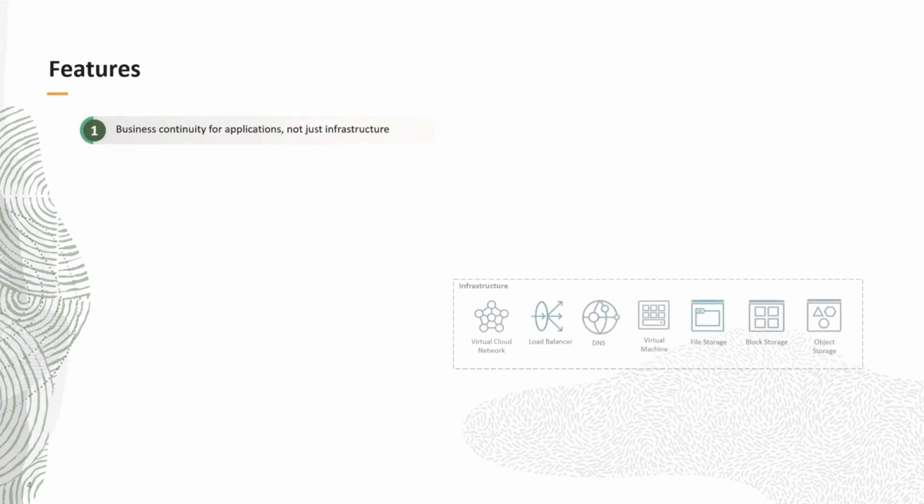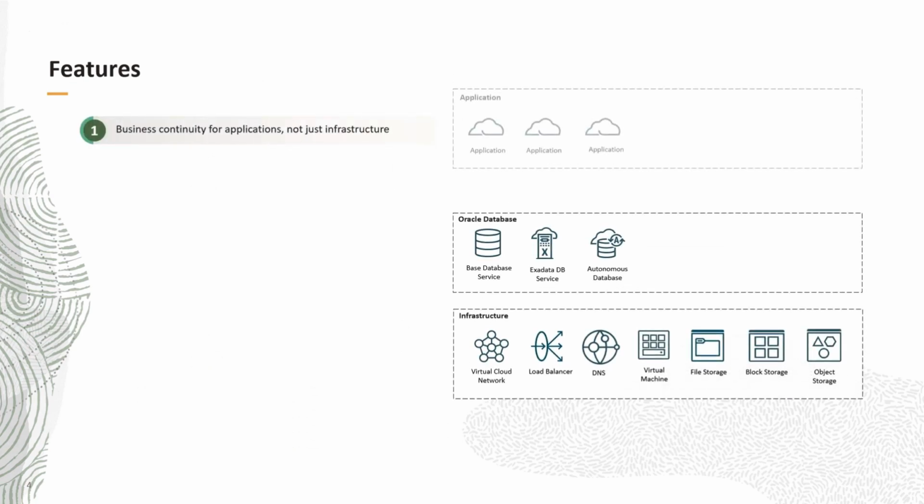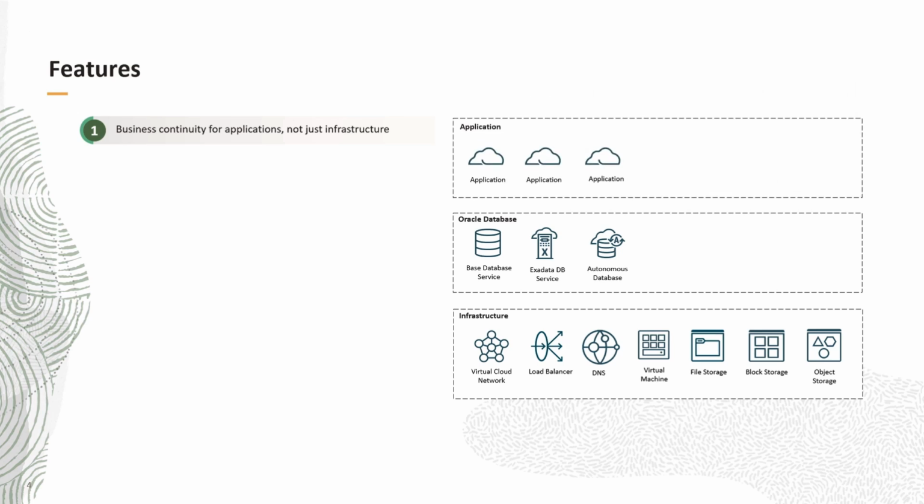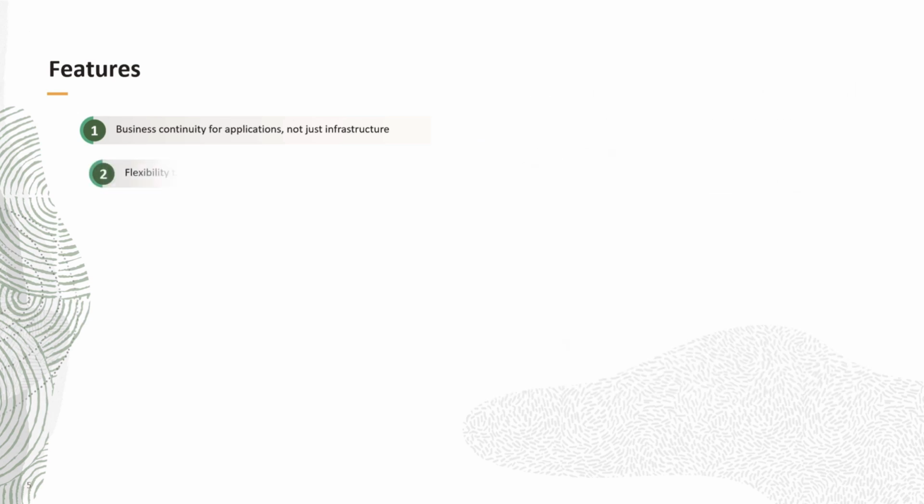Now that you know some of the benefits, let's take a look at the features. Full Stack Disaster Recovery encompasses not just infrastructure, but the whole stack. It runs as a service, allowing you to focus on the plan and not on conversion servers, Bastion, or any kind of resource that is not directly part of your stack.